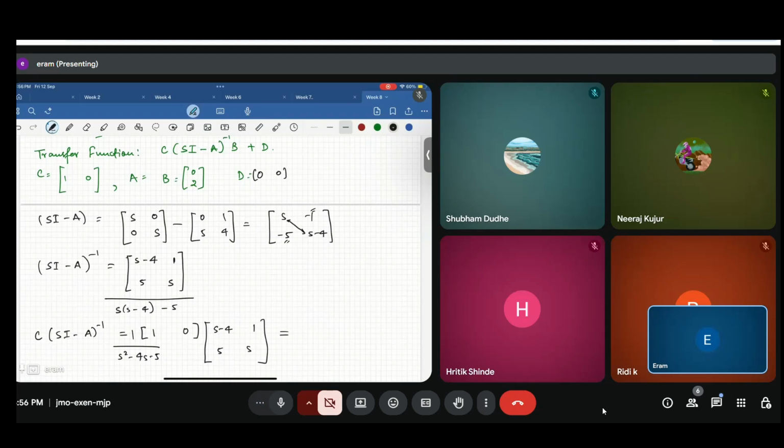So this is your 1 cross 2 matrix and this is a 2 cross 2 matrix. Your resultant matrix will be of 1 cross 2.